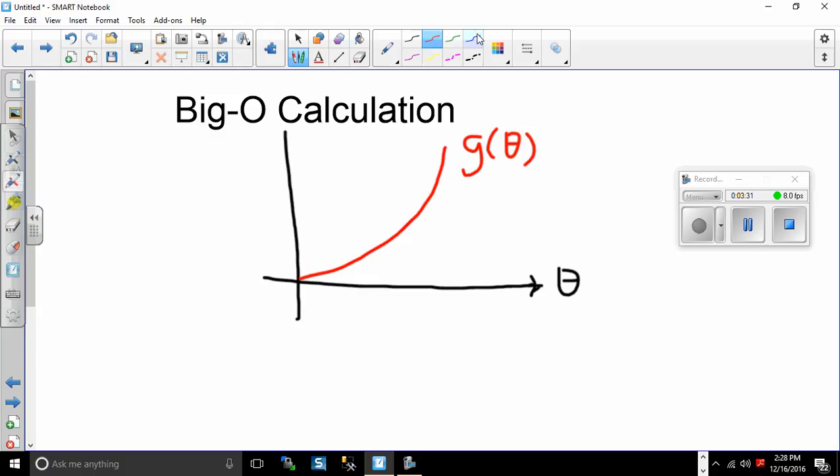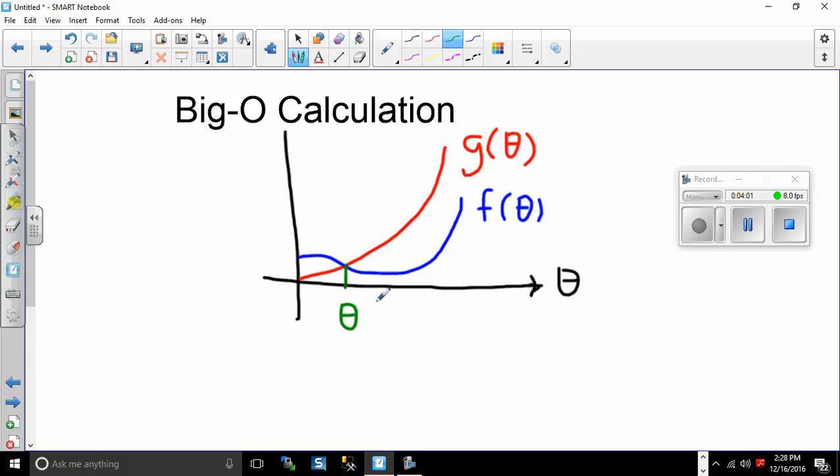And let me overlay on top of this graph another graph. Let's call it f of theta. If you notice, there's a threshold where the two graphs intersect, for which, as theta increases beyond this particular value of theta, we note that g of theta always is bigger than f of theta.